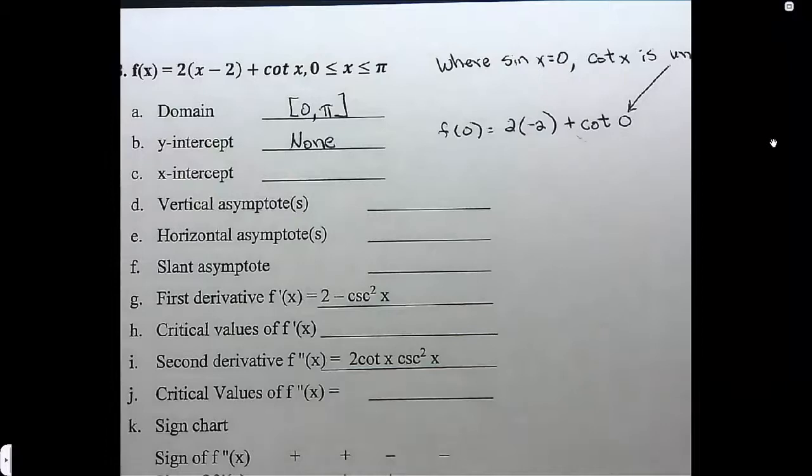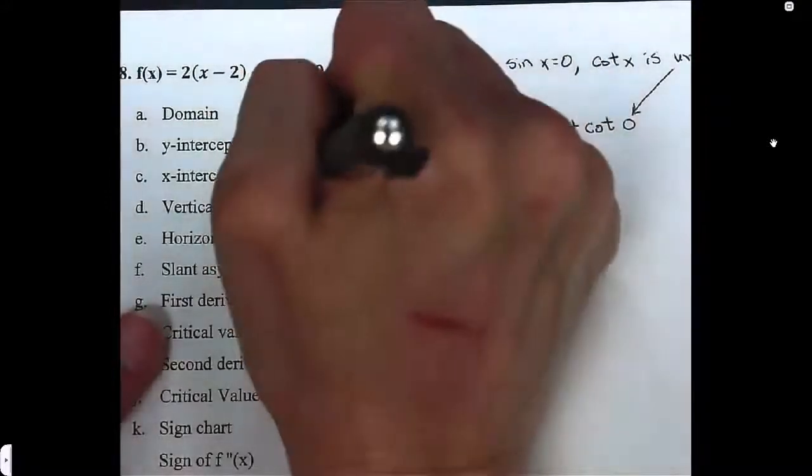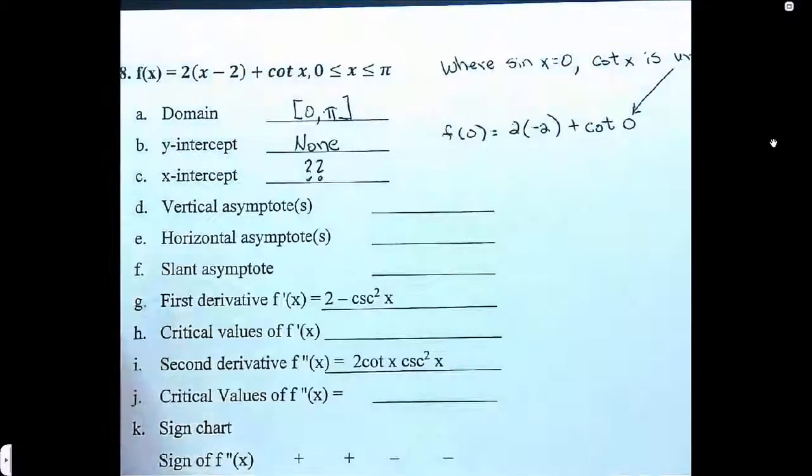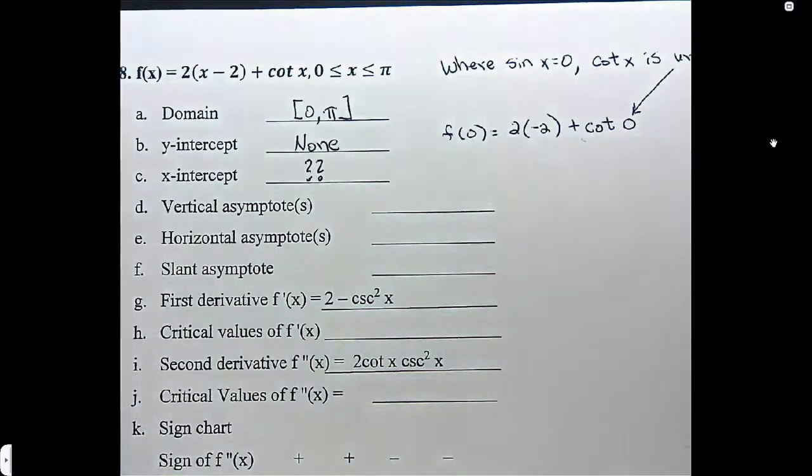So it does cross the x-axis, but I promise on the test to give you one that is either easy to find, or doesn't make you just want to change your major to PE, or I just won't ask you for the x-intercept. So here I'm just going to put question marks. There is one, but we're not going to take time to find it. That would require some new wrinkles on my forehead.